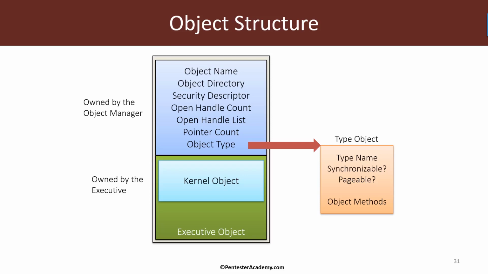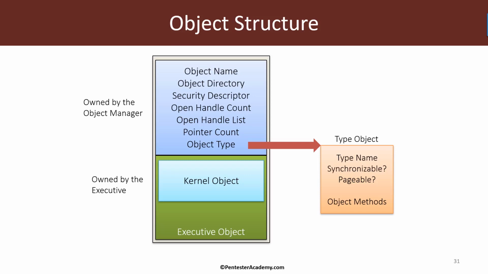Whether that's synchronizable, that means whether that object can be passed to functions such as KeWaitForSingleObject, which means we can wait on some state changes on that object. And whether the object should be created in pageable or non-pageable memory. And there's some other stuff there, like how to actually handle opening and otherwise manipulating objects in a generic sense.